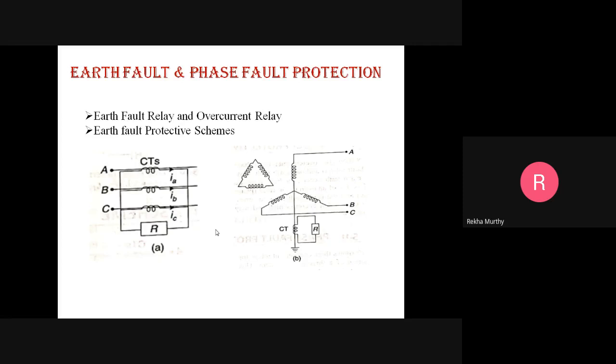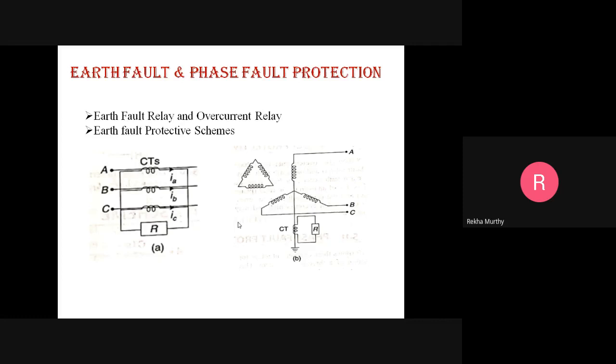Both are the same. Generally, a relay which operates whenever the current exceeds its pickup value is called an overcurrent relay. Here, the relays used for the protection of a system against phase fault are called overcurrent relays. That you have to remember. This is a new thing you have learned in this session, and another way of defining an overcurrent relay.